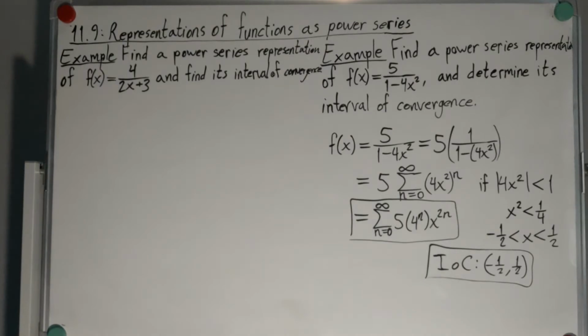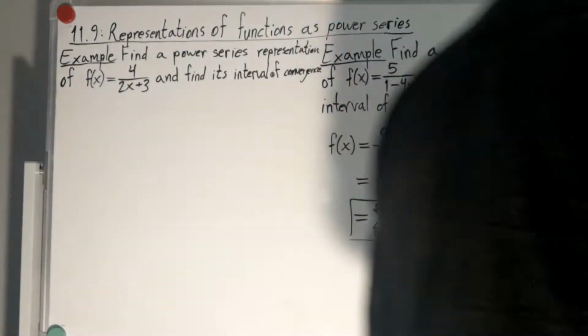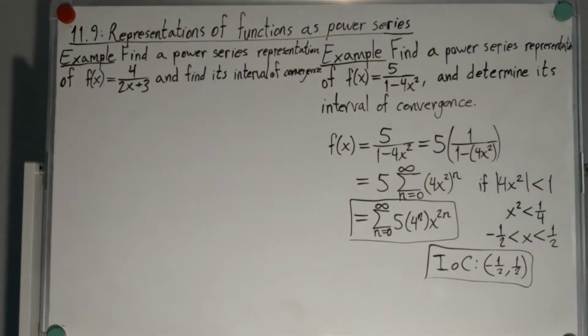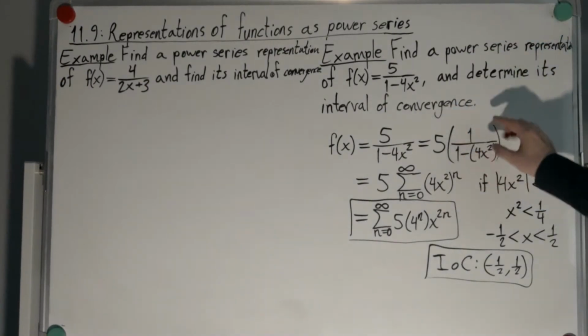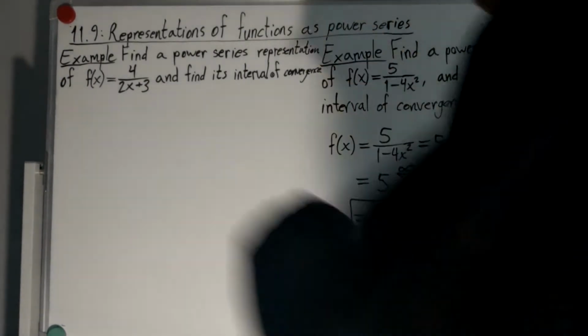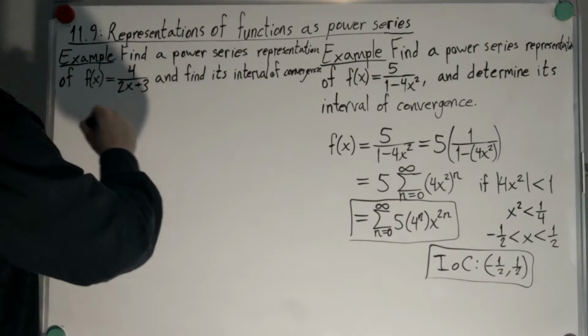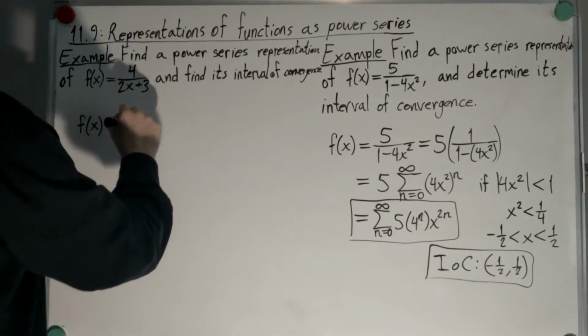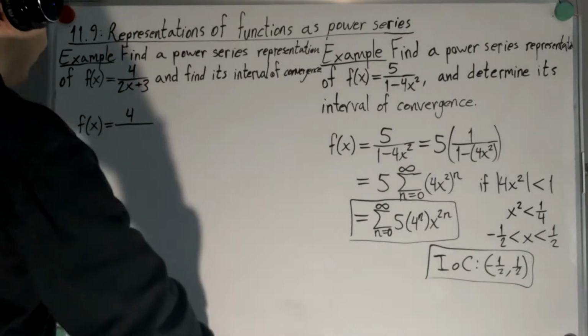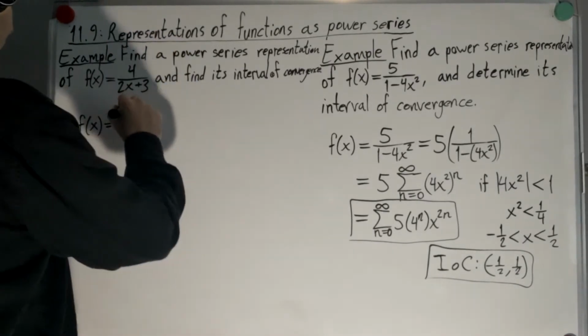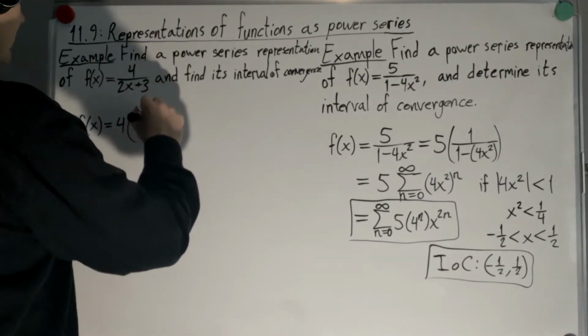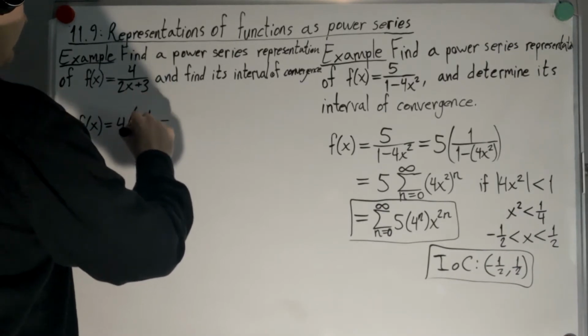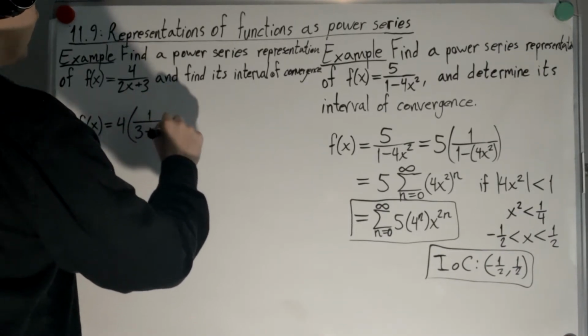Okay, so for this one, we're going to do the same kind of thing. We're going to try to force this to look like 1 over 1 minus r. So this thing right here, first of all, we're going to say this is f of x equals 4 times 1 over 3 plus 2x.